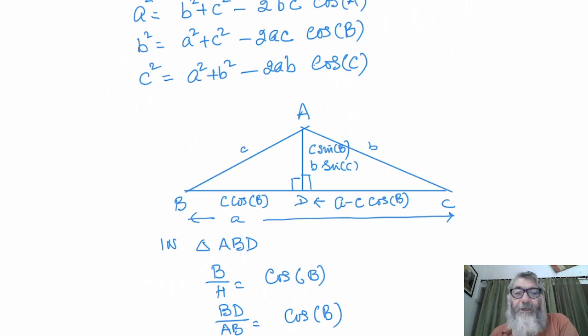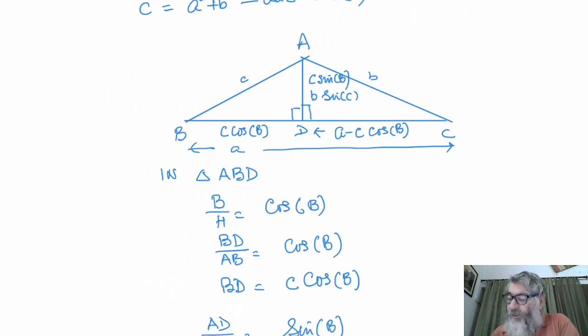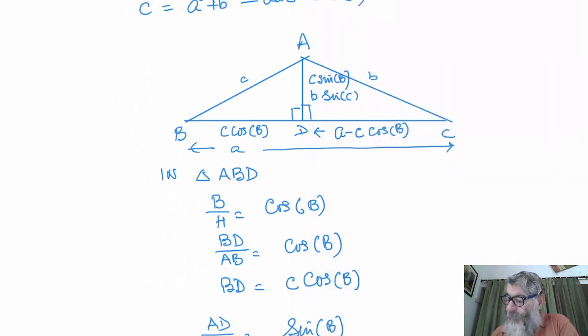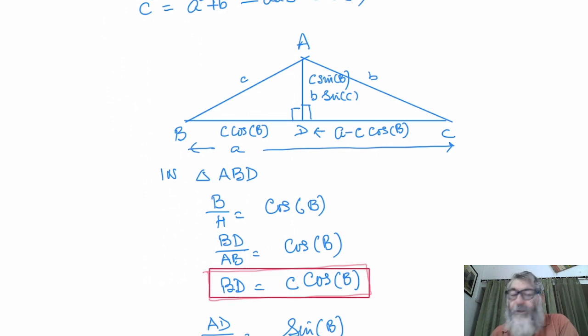So BD upon AB is cos B, and BD will be AB into cos B. AB is small c, so BD is C cos B.